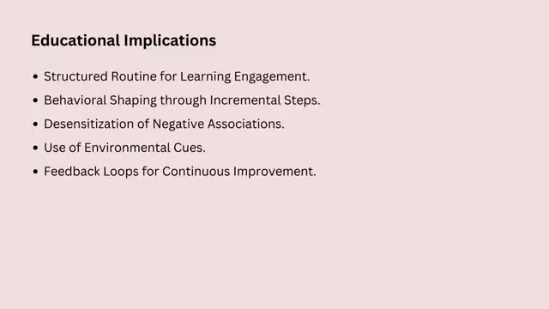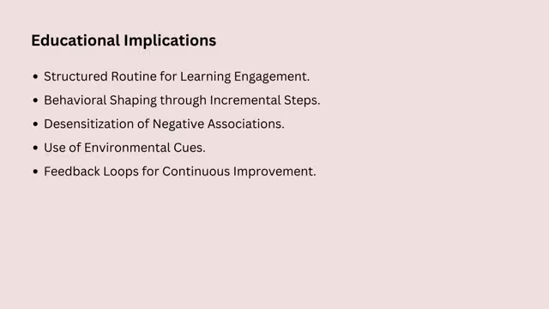Lastly, let us talk about feedback loops. Watson believed in giving immediate response to behaviors to shape them. In a classroom, this means giving quick and constructive feedback to help students improve continuously.